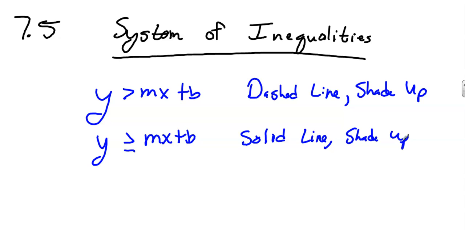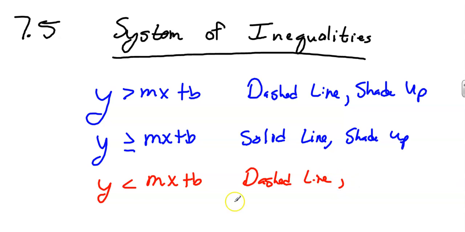So remember, once you draw the line, put your pen on the line and shade and go from there. If it's y less than mx plus b, that's going to be a dashed line. And again, because it's less than, you're going to shade down.